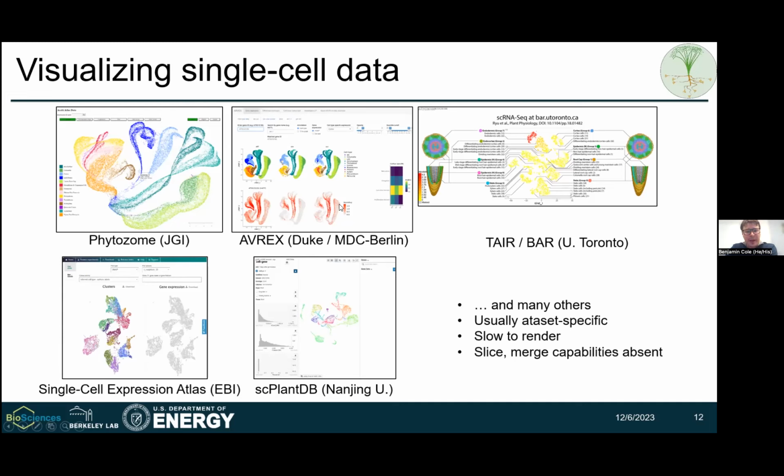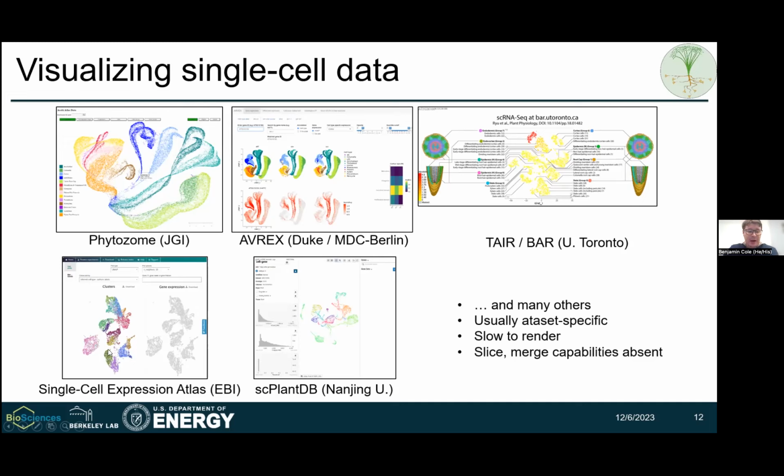Uwe Ohler's group at MDC Berlin and Philip Benfey's group at Duke have this AVREX browser that hosts their data sets in Arabidopsis as well. There's a cool browser at TAIR that uses the BAR resource to describe single cell, at least for this Arabidopsis root data set. That's nice to be available to the whole community.